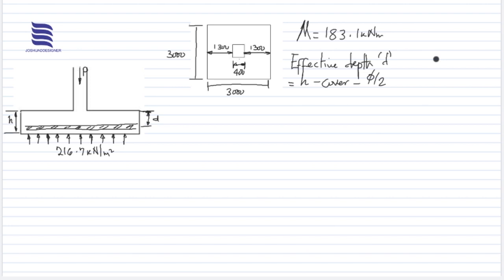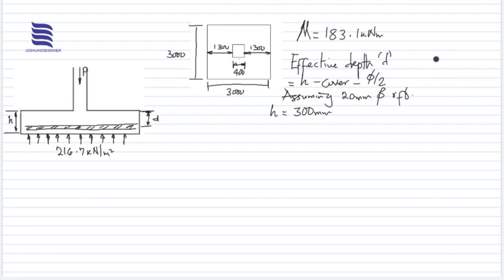For this, we are assuming 20 mm diameter reinforcement. In the previous video, we already obtained the thickness to be 300 millimeter. That was our assumption in calculating the self weight of the base, so that's exactly what we're going to use in this case.